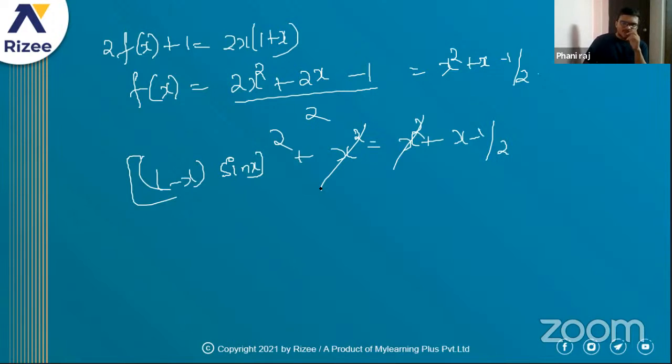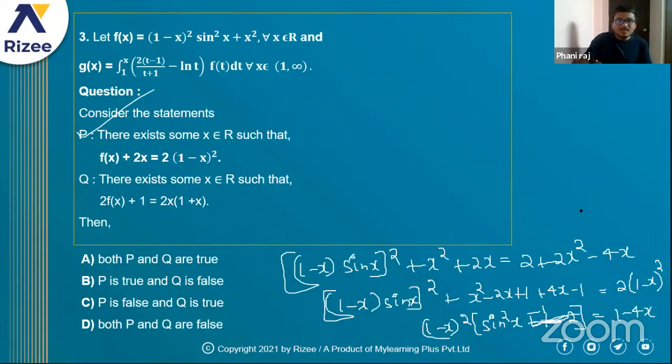So now you see, this thing is always positive, right? Whatever is on the left hand side is always positive, but this is not always positive. So for x less than half, x minus half is less than 0.